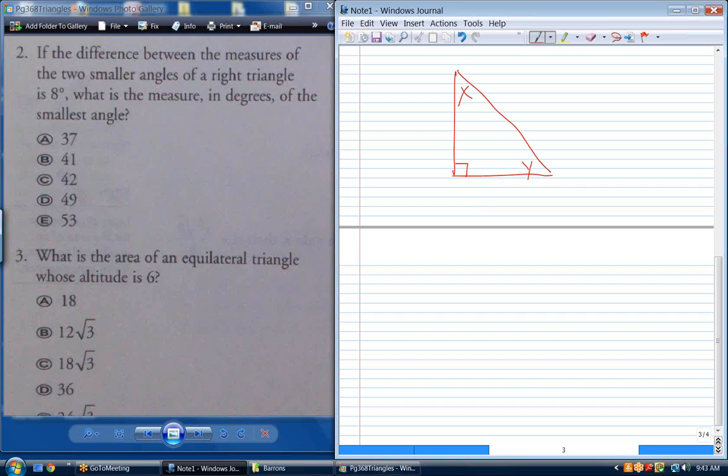Okay, so I know that they both have to equal 90 degrees. Now, I can see you're kind of struggling with the algebraic solution. I am. So what I'd like you to do is think of the back-solving solution sooner than you do.